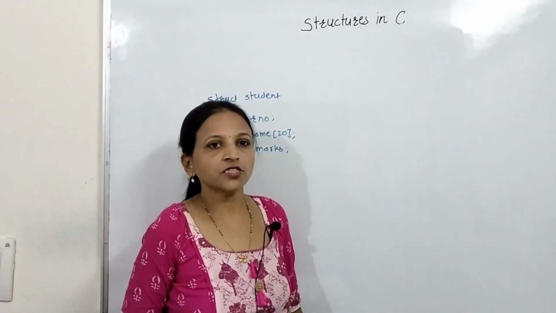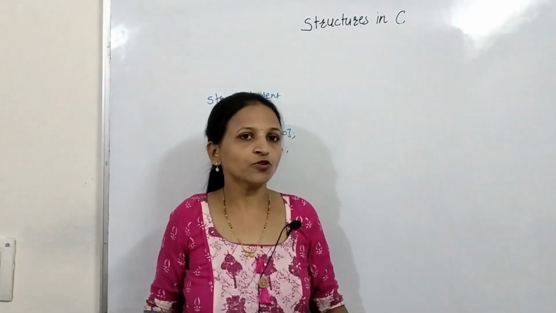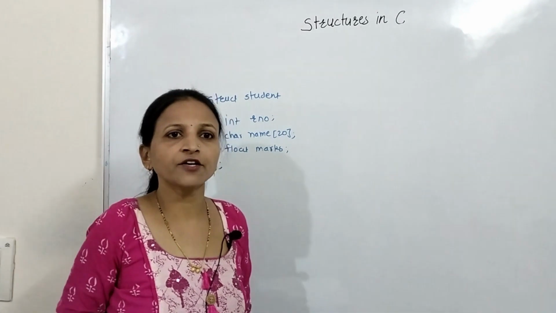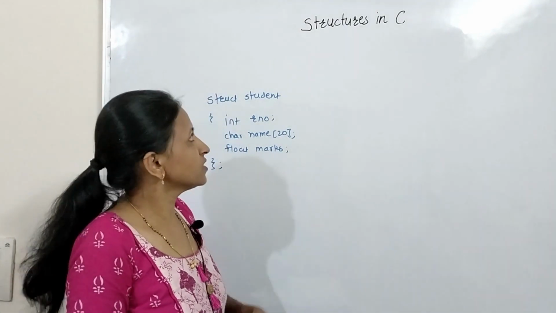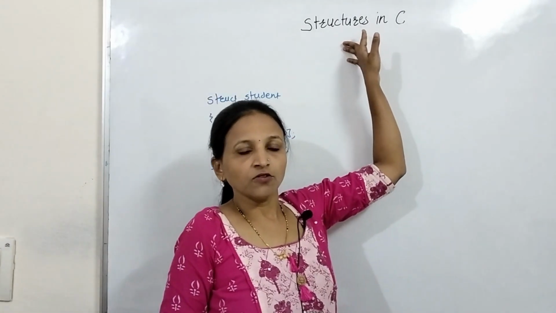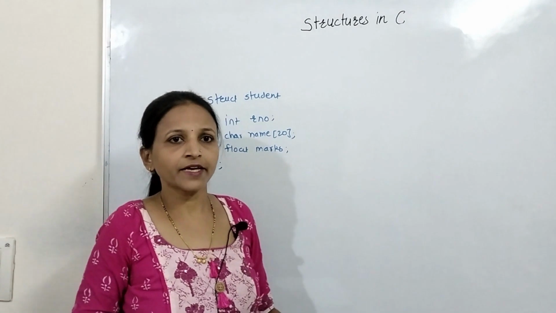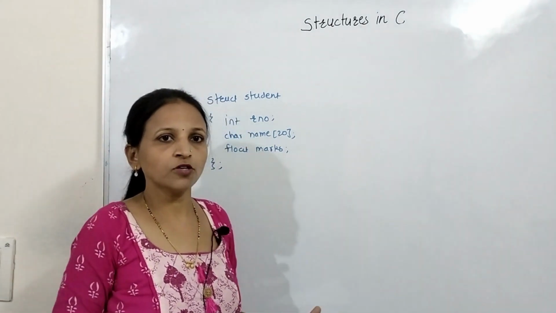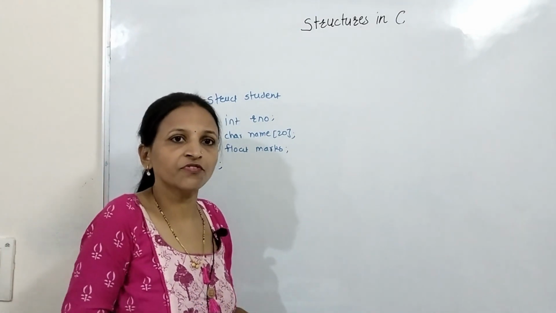Structure is what? Structure is a way to create a user defined data type. Whenever you want to group together different kinds of data elements about any one entity, then you can use this structure concept. Now the next point: you can create a variable of a structure just like a normal integer variable, because this structure whatever you are creating is nothing but a user defined data type.